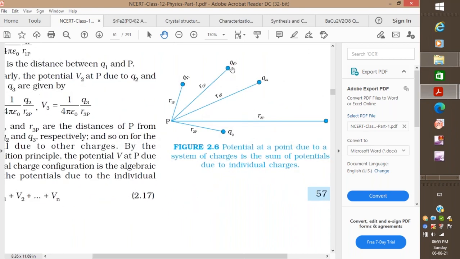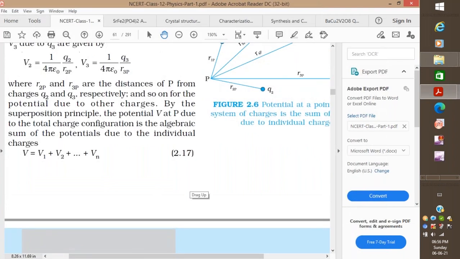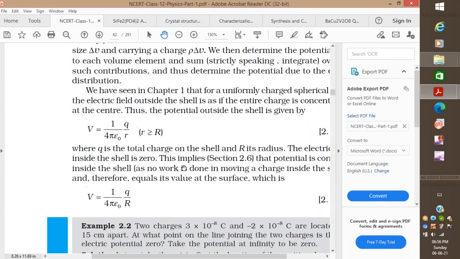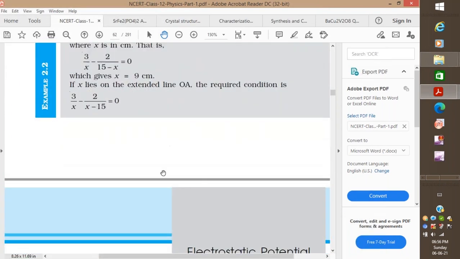Suppose at P I have to calculate the potential for this system of charges. I can calculate the potential separately for Q1, Q2, Q3, etc., and then add the potentials to get the total potential at this point P. This is how we can do it for a system of charges.